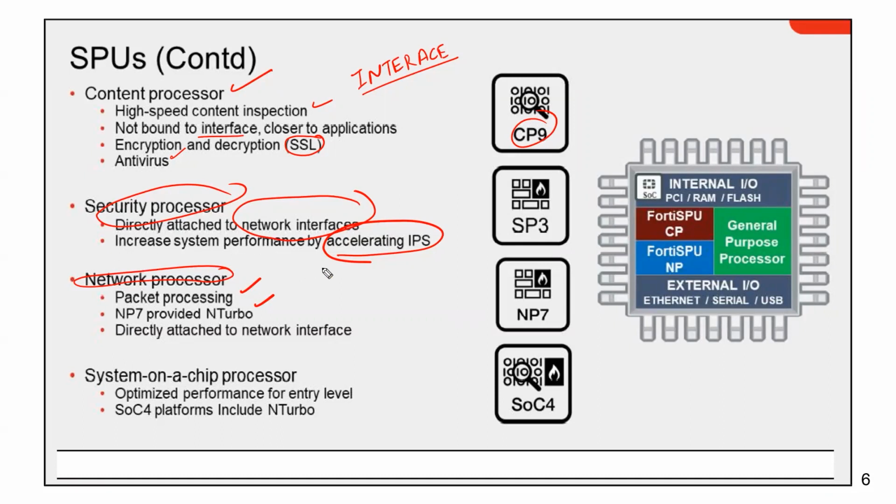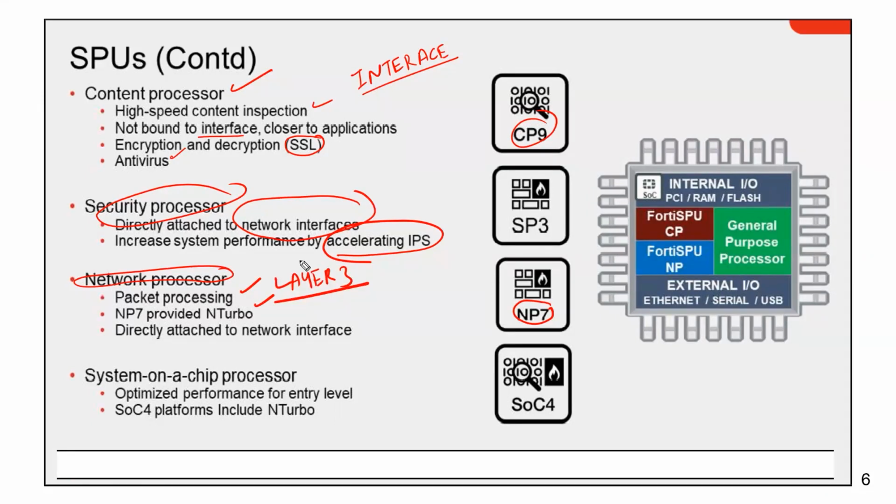NP7 is one example of a network processor; depending on the model you have, it could be different. Packet processing basically means everything which has to do with layer 3, how quickly you can process the traffic, and it is handled by your network processor.